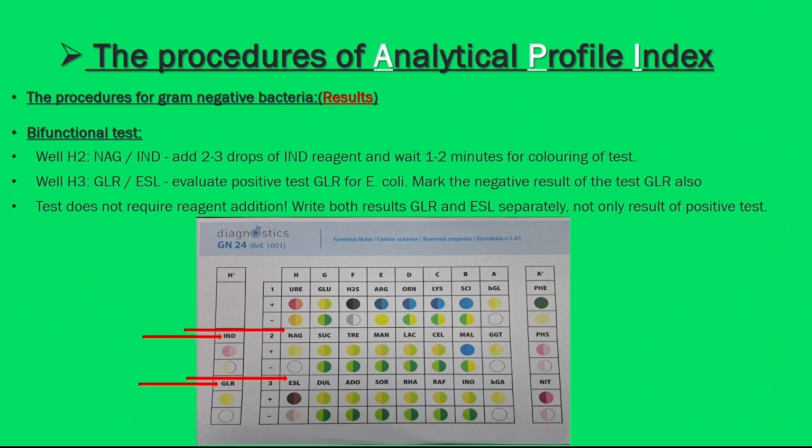Evaluate positive test GLR for E. coli. Mark the negative result of the test GLR also. Test does not require reagent addition. Write both results GLR and ESL separately, not only the result of positive test.